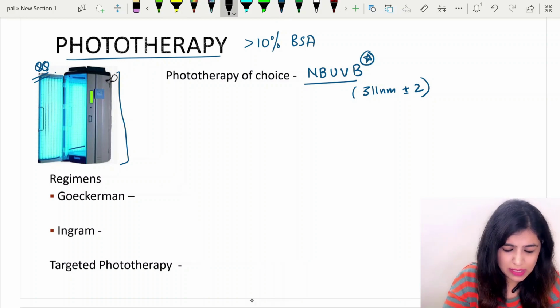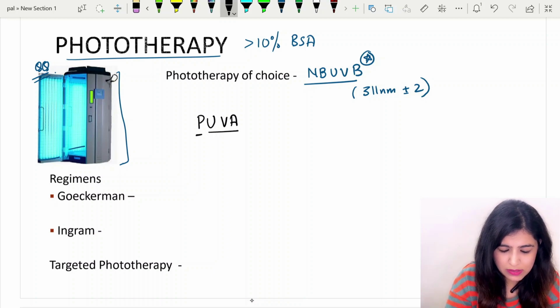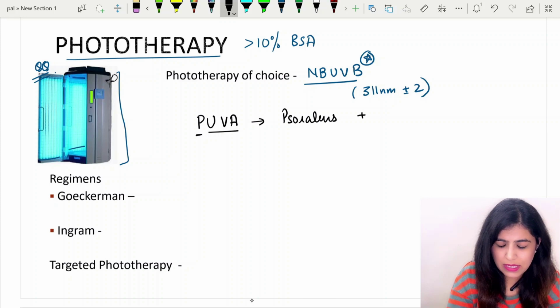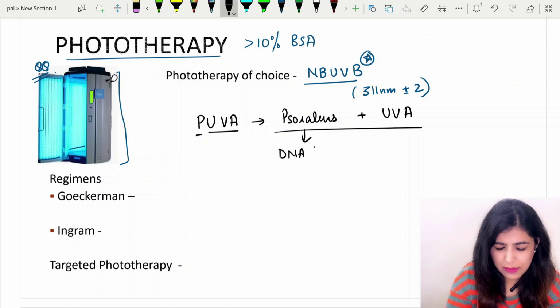Other phototherapies that we give are PUVA. So what is PUVA? P plus UVA. P stands for the psoralenes combined with the UVA wavelength. Psoralenes here act as DNA binding agents, and once they bind to the DNA in the cell, they act as photosensitizers.